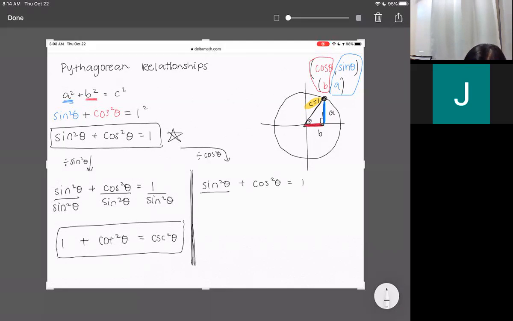Now, like I said, divide everything by cosine squared. And then we get sine squared over cosine squared, that's tangent squared, plus cosine squared divided by cosine squared, that's 1, equals 1 over cosine squared, which is secant squared.